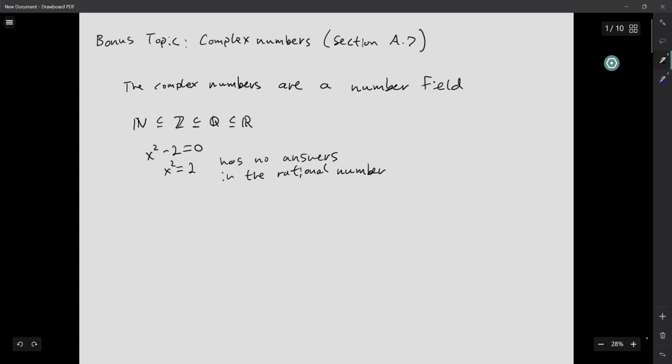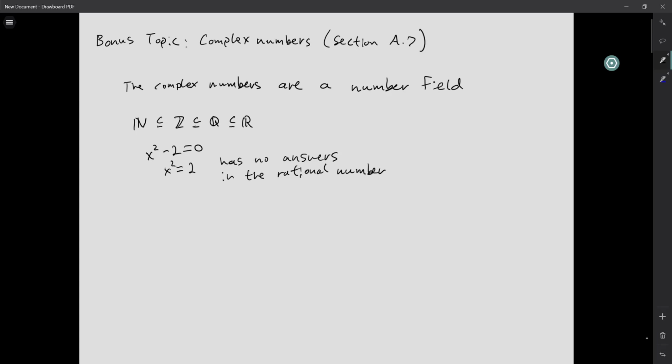So here, because of polynomials, I realized that my rational numbers aren't enough, even though I'm able to do all 4 of the operations. So I need to include more. There's actually an extra number field that's squeezed in between here, because the next one up would be the set of constructible numbers, which is a bunch of rational numbers and some of the real numbers, but not all of them.